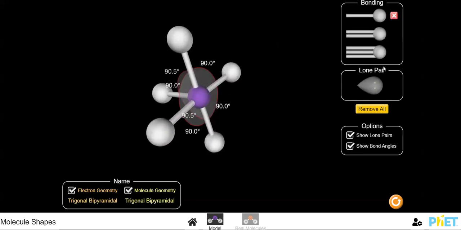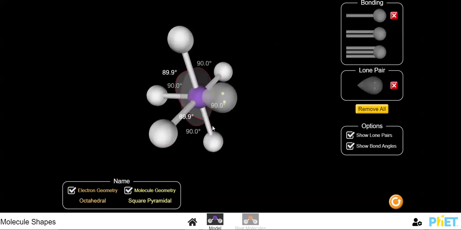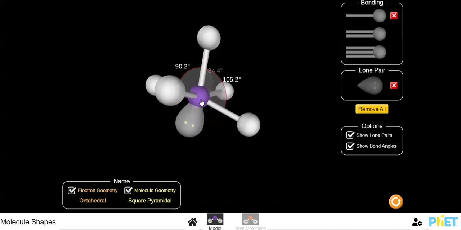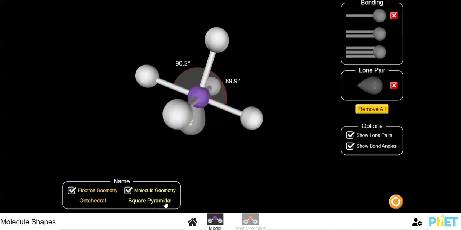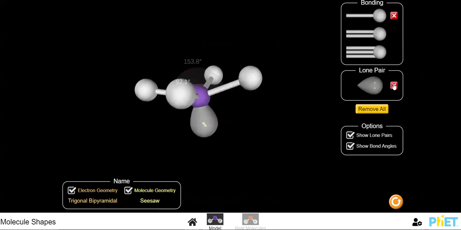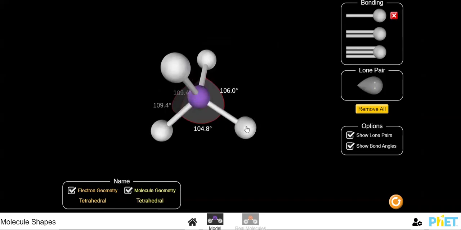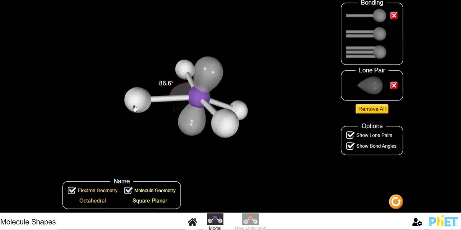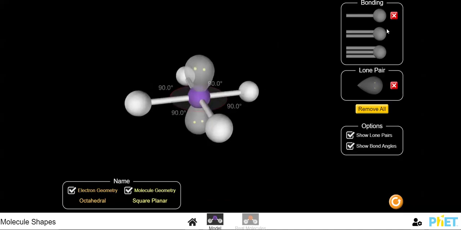Now we can swap out, add a lone pair, and start to see the names. So square pyramid, then add another one, and wait, and we see square planar. All right, I really recommend you be able to do that.